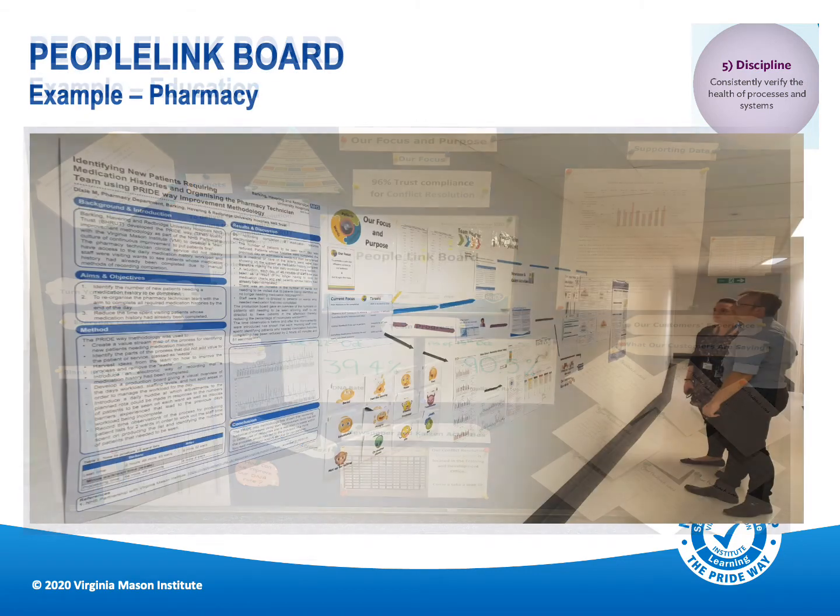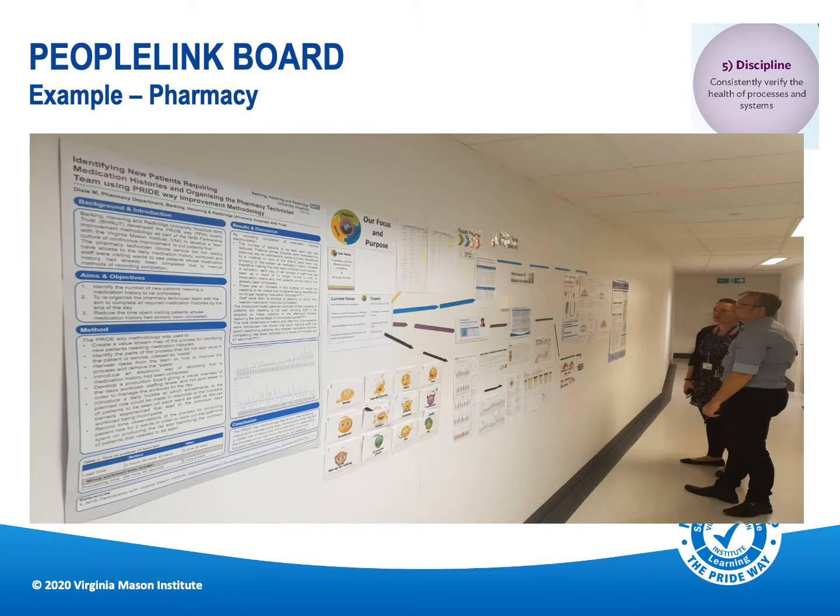And finally, here is Pharmacy's People Link board, which again looks very different from the other examples we've seen, but includes the key elements, including their current focus and targets, idea forms for the team, and even some emojis.